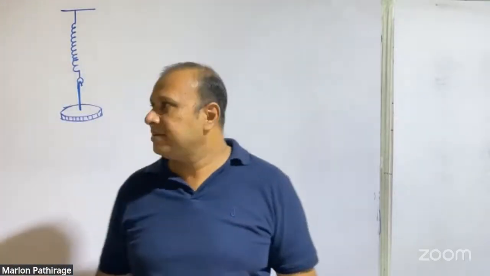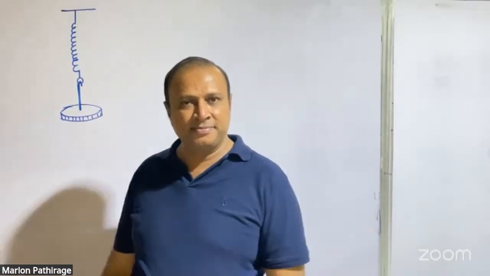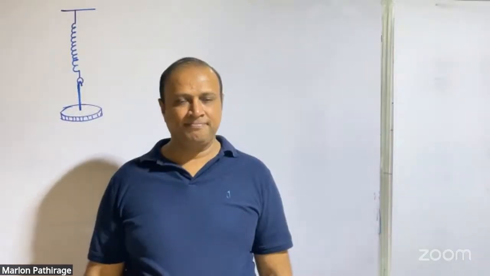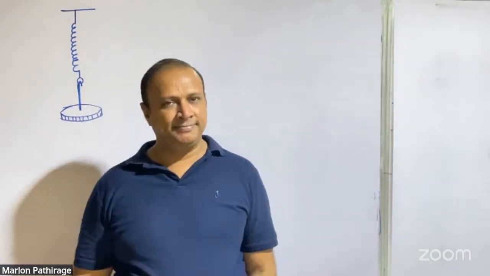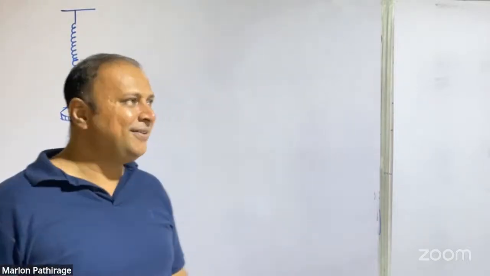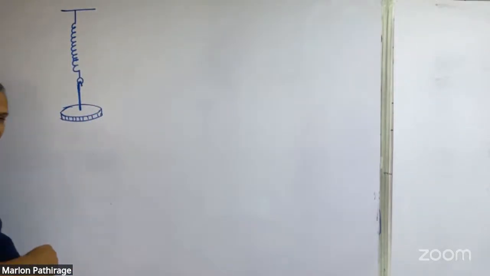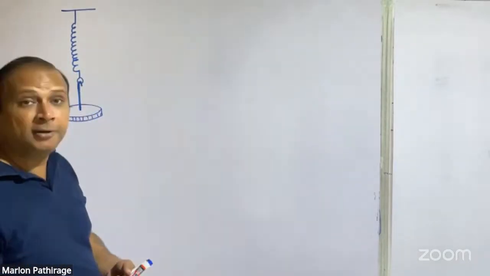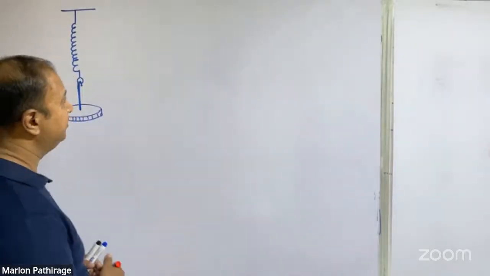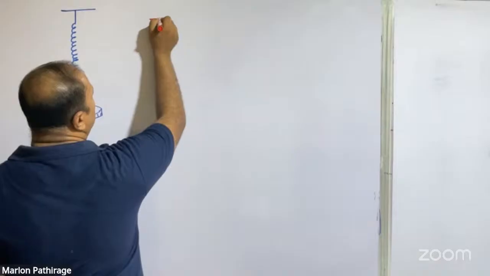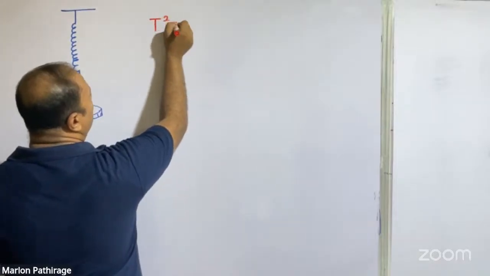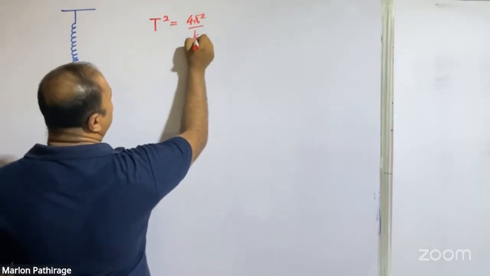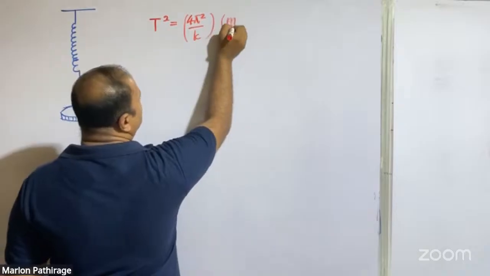That mass can be determined using a triple beam balance or any other equal arm balance. So we can rearrange the expression: T squared equals 4π squared over k times (m plus m naught).